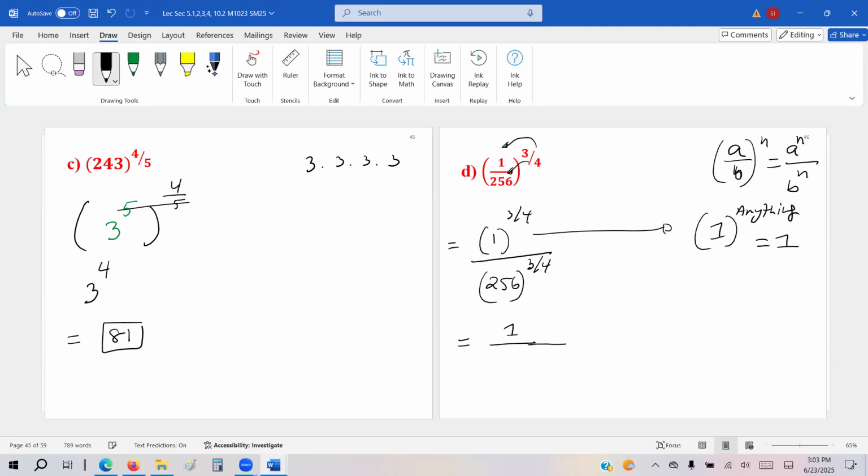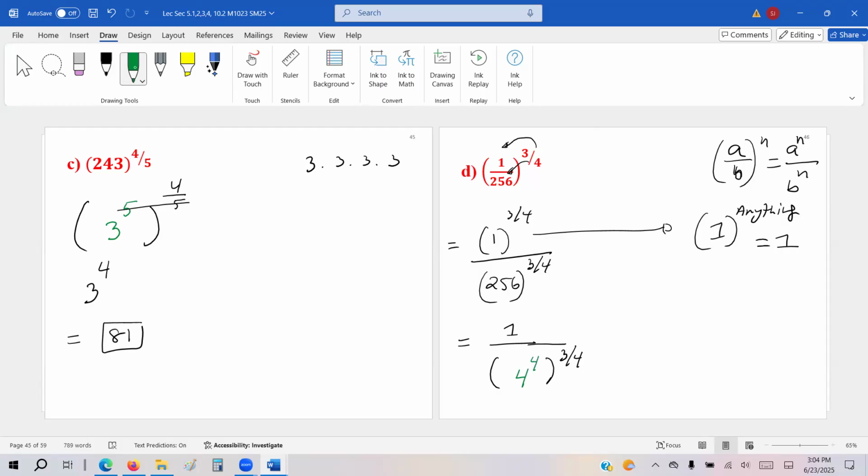But for the denominator, we have to rewrite. What are you looking for? One number to the which power? 3 power or 4 power? 4 power. So can you think of a number that if you multiply it 4 times, the answer is 256? 4. Perfect. So this is 4 to the 4.